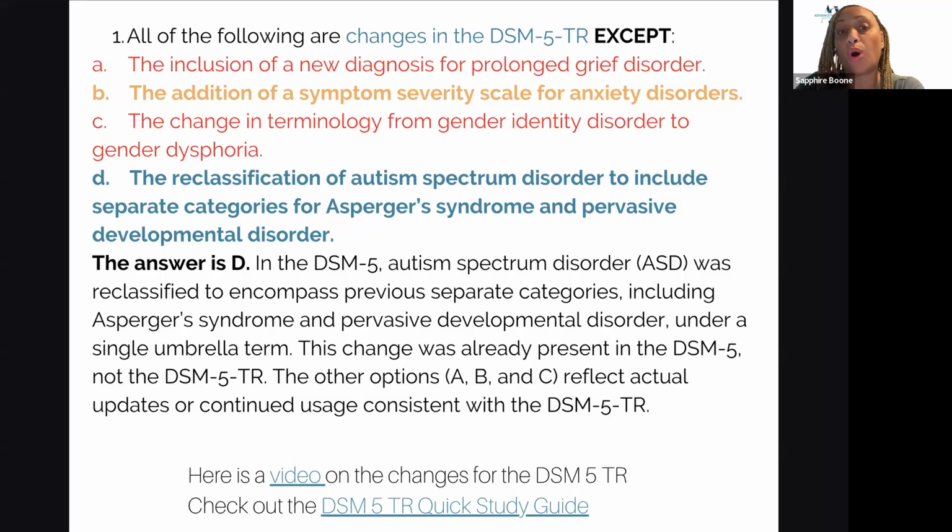A, B, and C were all changes that occurred in this last revision. D did not occur. This was reclassified under a single umbrella term, and this change was already present in the DSM-5, so it wasn't a change in the TR. That was a change that happened a revision before that. A, B, and C all reflect updates that are consistent with the TR.